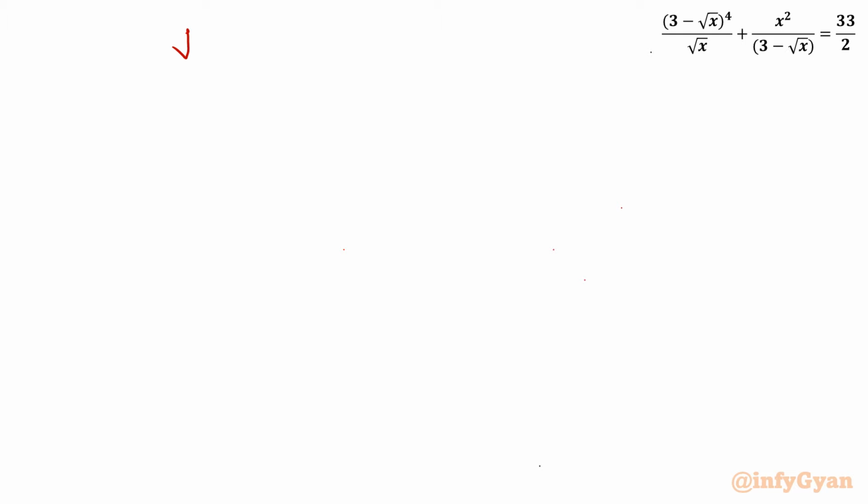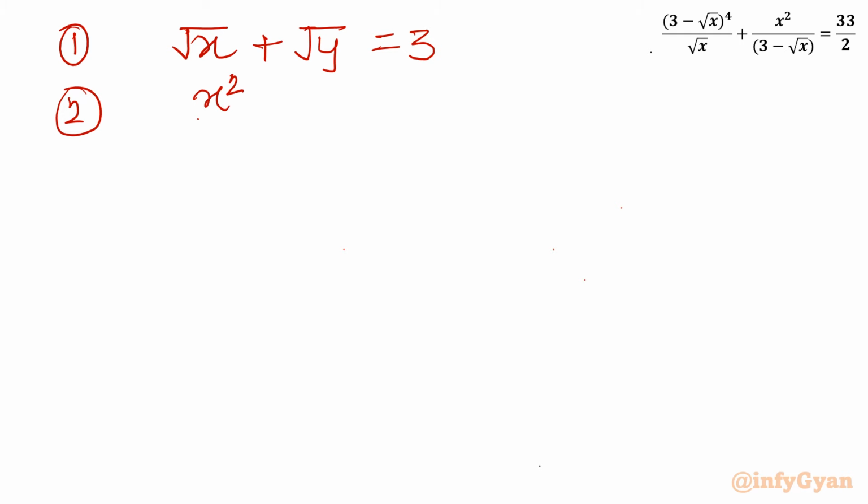Root x plus root y equal to 3 is the first equation, and the second equation is x square over root y plus y square over root x equal to 33 by 2.